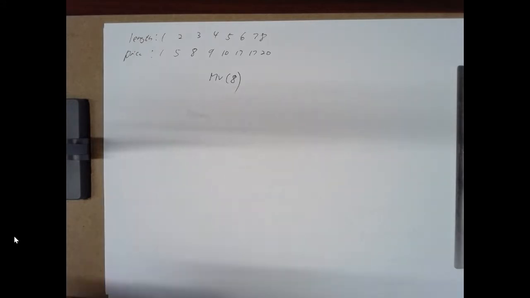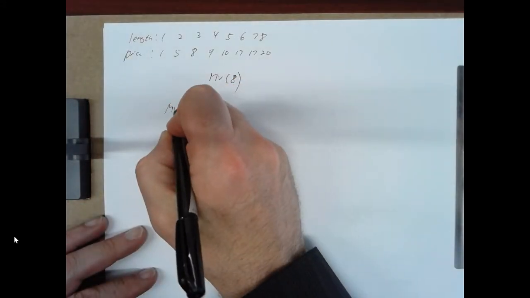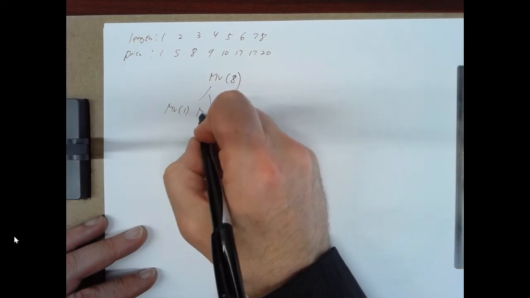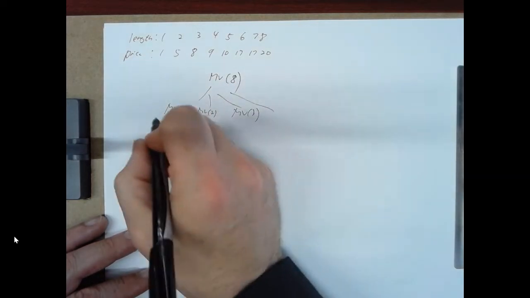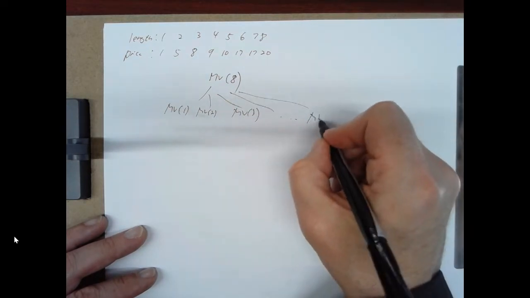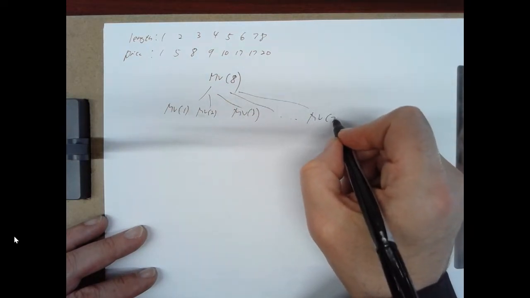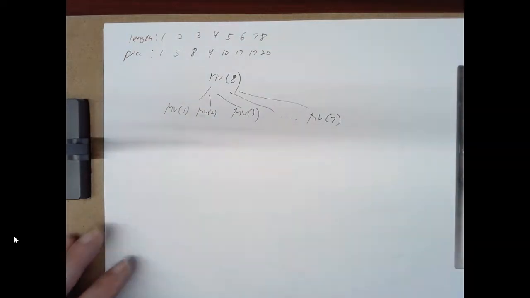Well, we need to find max val of 1, max val of 2, all the way up to max val of 7.